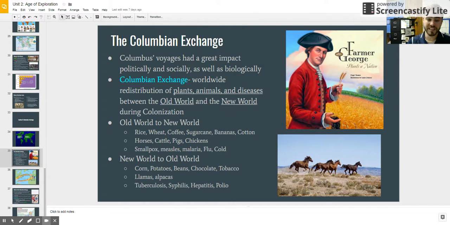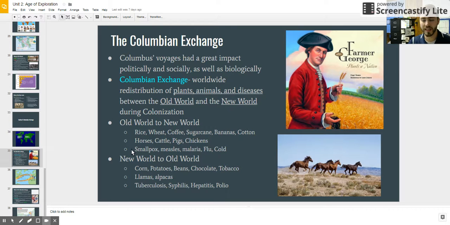However, the disease aspect of it was much worse for the Native Americans. These diseases here were much more deadly and more easier to contract. Smallpox, as we saw in the video with guns, germs, and steel, was very, very contagious.